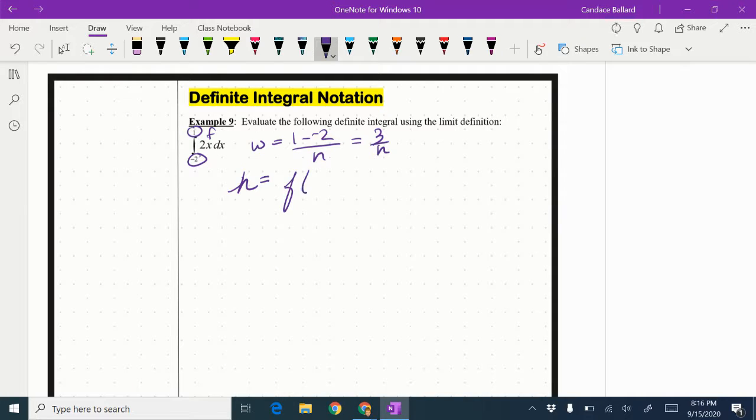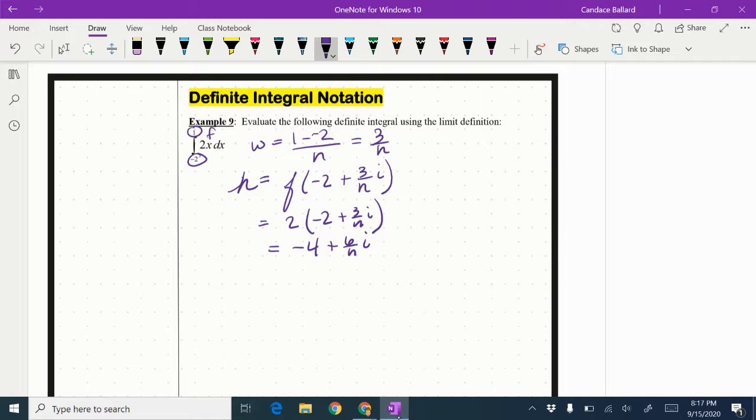So I'm going to take my function and put -2 in first, plus my width times i, and substitute that into the function. So I've got 2 times (-2 plus 3/n times i), and if I solve that a little bit, I get -4 plus 6/n times i.